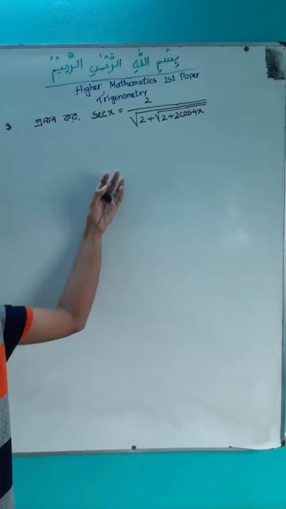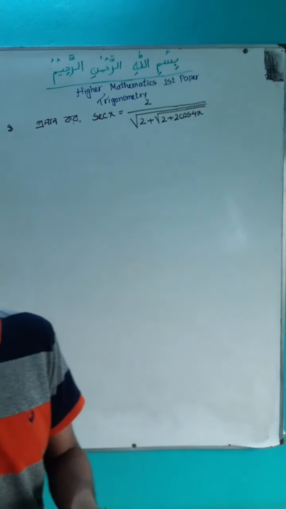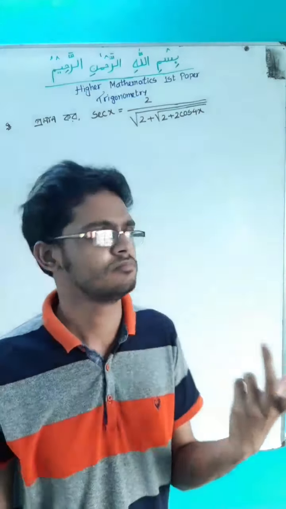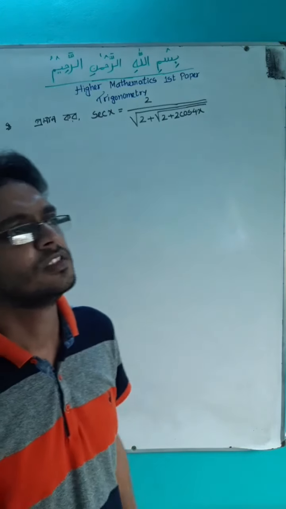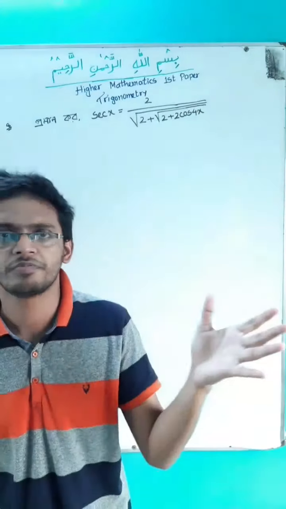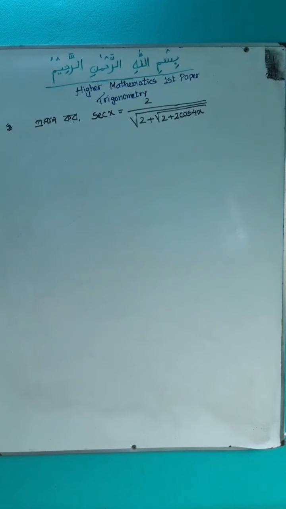This is our next math. This math is very important for number 2. Only this is a very small math, so it may come in the first option of your creative question.